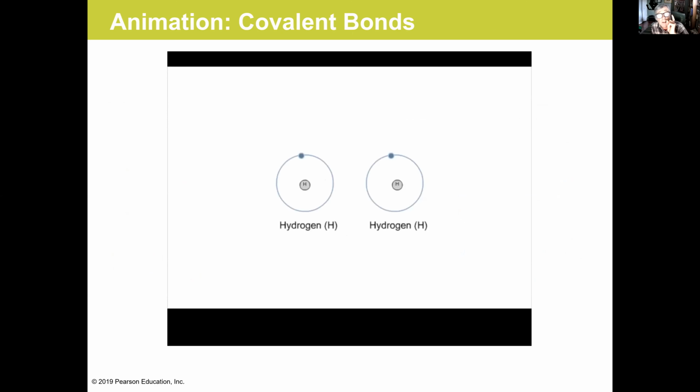They both want 1 more valence electron. So they can put them together and share them. So half the time the 2 electrons revolve around 1 hydrogen, and the other half of the time they revolve around the other hydrogen. So they form a molecule called H2.